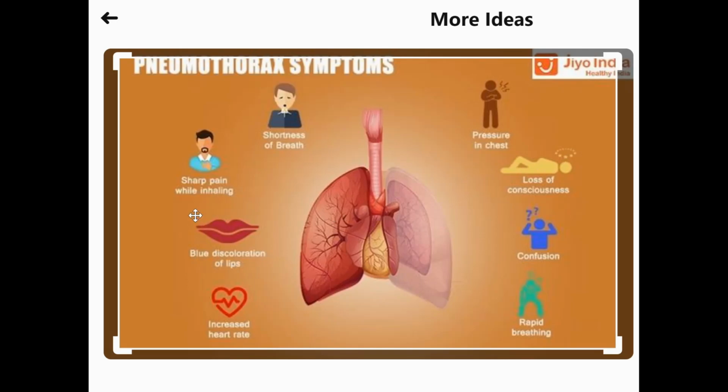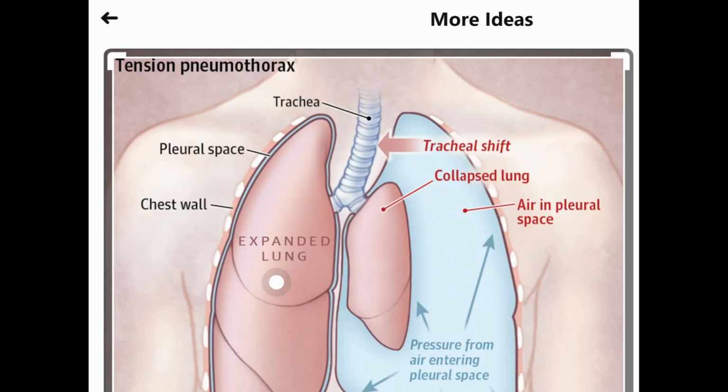What is tension pneumothorax? It is the most severe form of pneumothorax. When air accumulates in the pleural space, the lung or pleural membrane acts as a one-way valve, that means air accumulates but the trapped air cannot escape. As the pressure increases, it leads to total collapse of the lung.